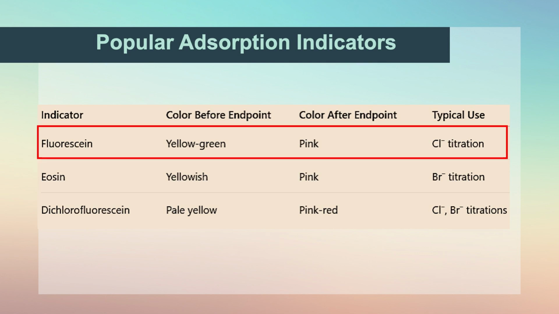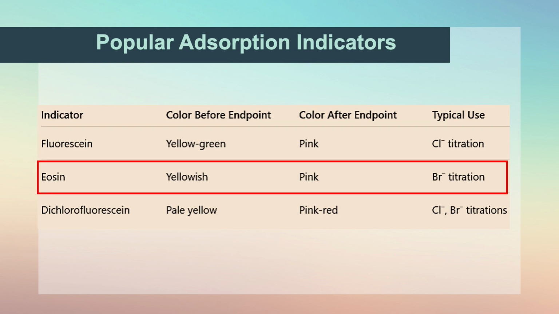Fluorescein has a yellow-green color prior to the end point, but at the end point the color changes to pink, and it is specifically used for Cl- ion titrations. Another one is eosin. This is also a dye compound which is yellowish in color prior to the end point, and at the end point the color changes from yellowish to pink.